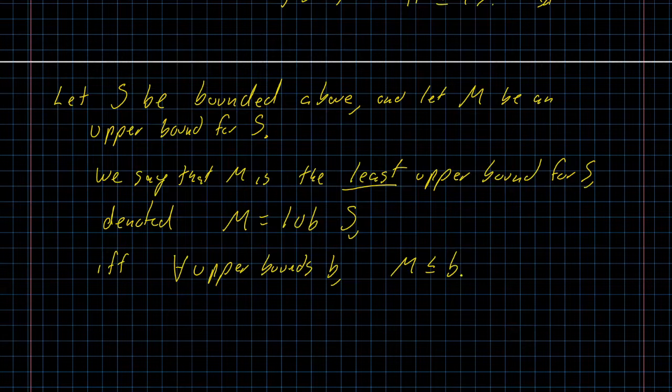And since upper bound in and of itself isn't all that useful, we're going to specify and we're going to look for an upper bound of interest. And we will call that thing the least upper bound, or LUB. I've seen some people pronounce it as lub. I'm going to always refer to it as the least upper bound, or the LUB.